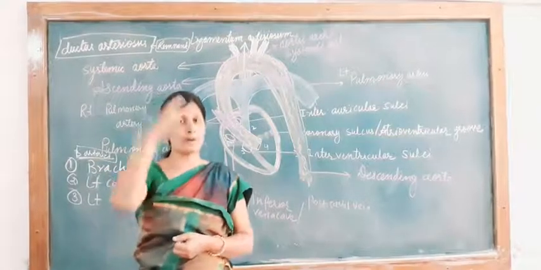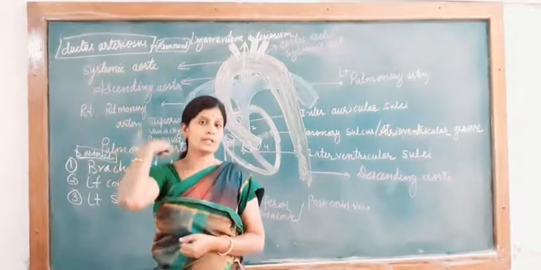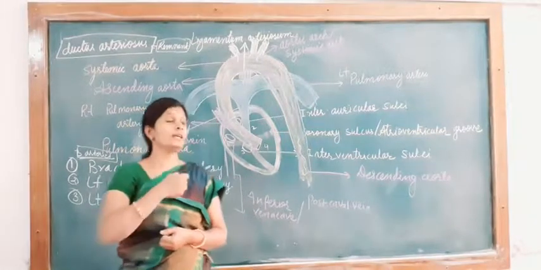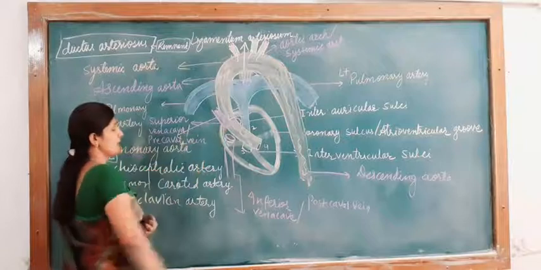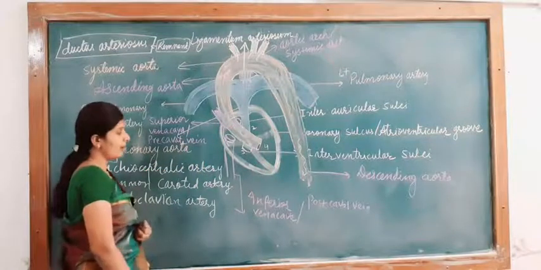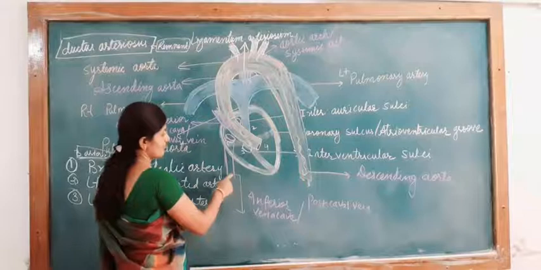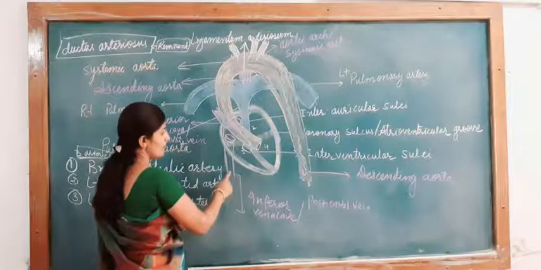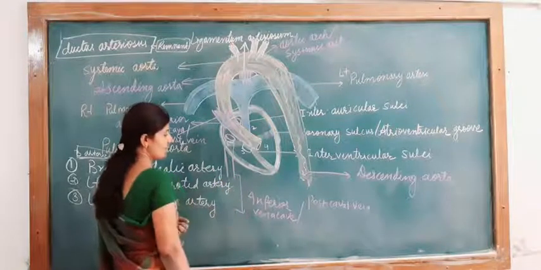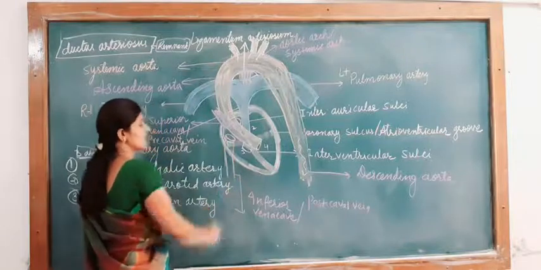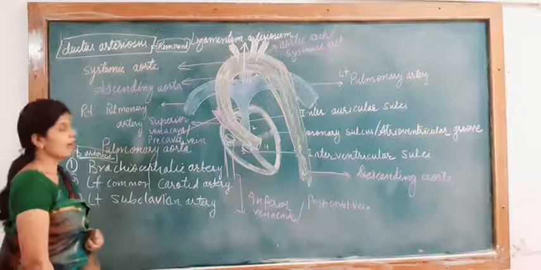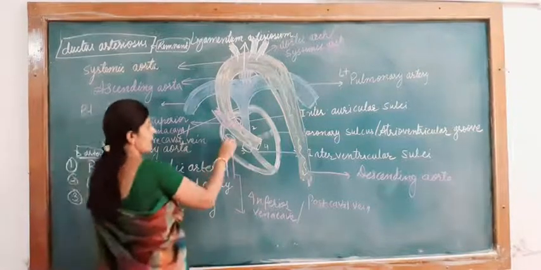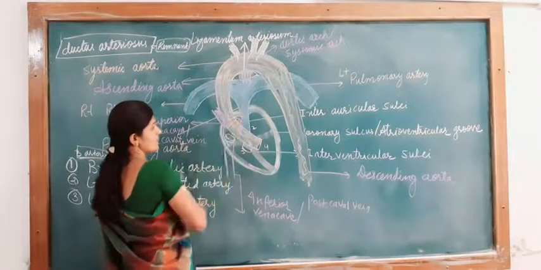Mediastinum, and the upper body part, head, neck, and the shoulders, the deoxygenated blood coming from there will be brought towards the heart by the superior vena cava, and the deoxygenated blood from the legs and lower body parts will be brought by this inferior vena cava towards this right atrium, and this right atrium is filled with the deoxygenated blood.